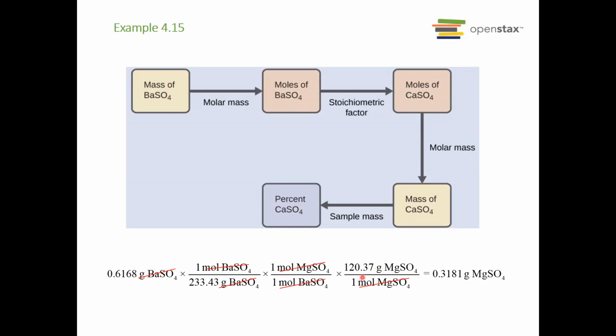That's why it's 120.37 rather than 233.43. If we were to use the molar mass of barium sulfate again, we'd essentially just be undoing what we've already done. So we want to make sure we're using the molar mass of that second substance. In this case, that tells us there was 0.3181 grams of magnesium sulfate in that original sample.